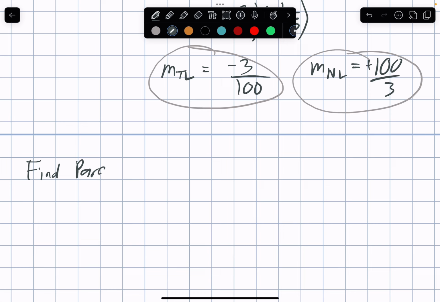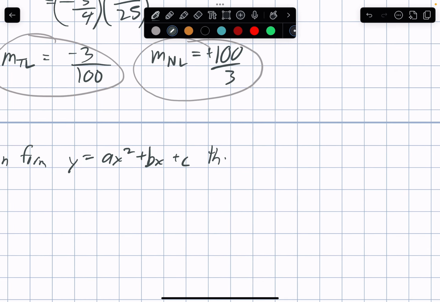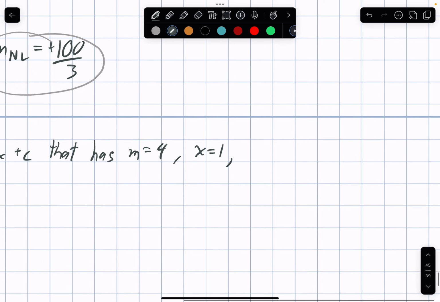So we are tasked to find the parabola in the form y is equal to ax squared plus bx plus c, that has a slope of 4 at x equal to 1.